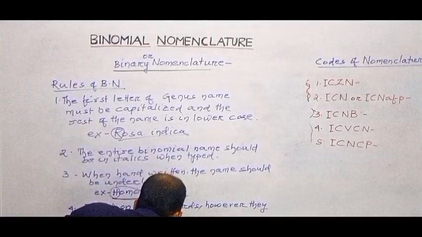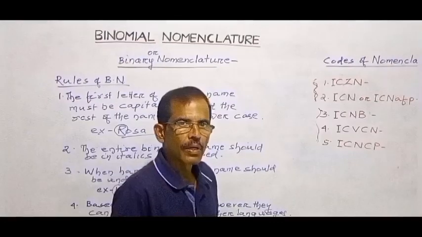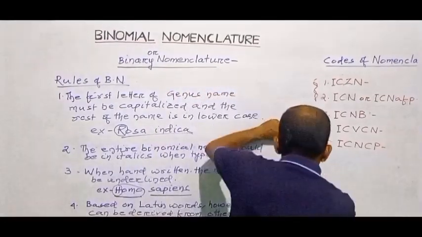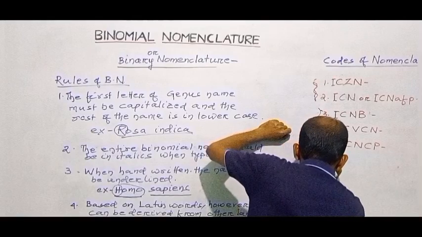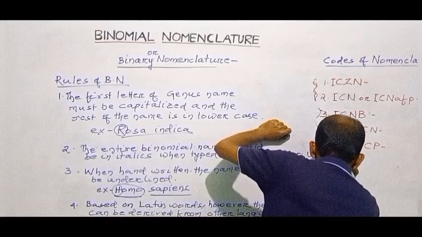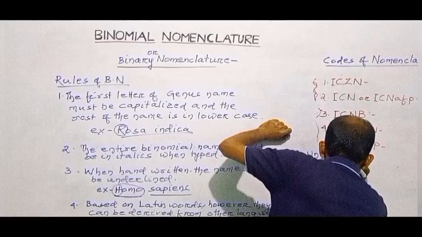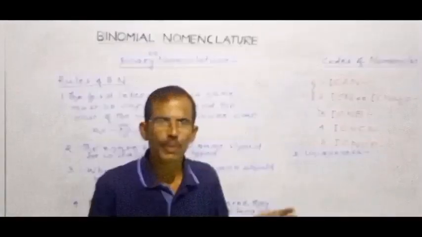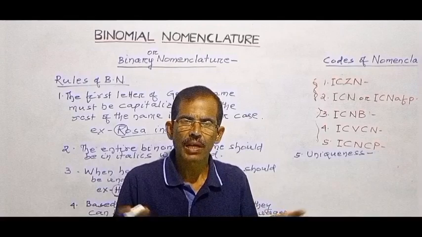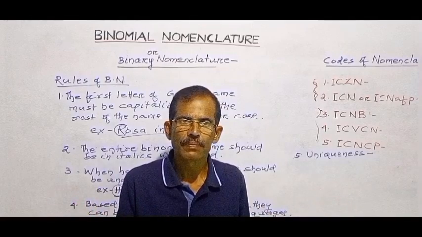Next rule of binomial nomenclature is uniqueness. It means that each species is given a unique scientific name.